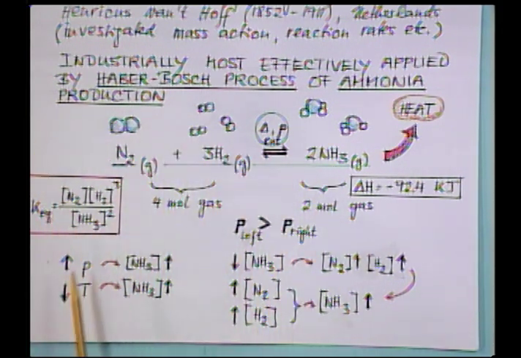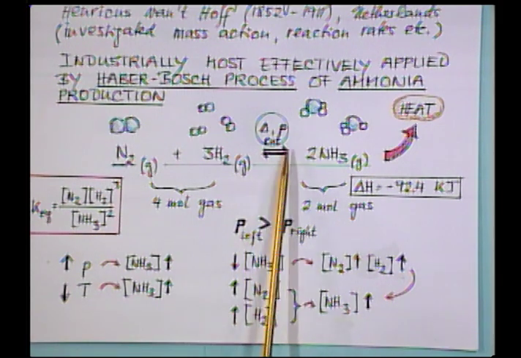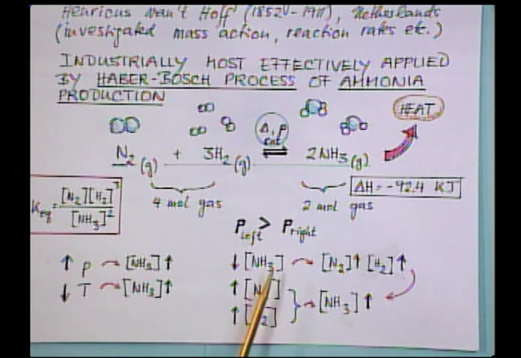So we can play around with this, change pressure, temperature, etc., add catalysts, and thus we can influence the position of the equilibrium. Catalysts do not influence the position of the equilibrium, but remember they enhance the rate of the reaction.